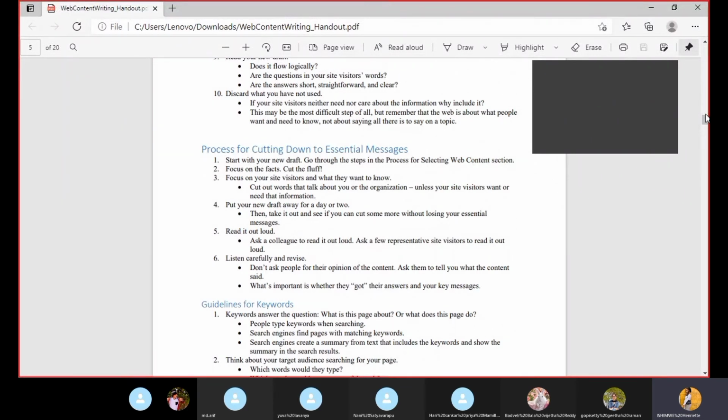And then the second step is about focusing on the facts. You don't have to give your visitors of the web page or the audience things which are not clear, or put in something which is not relevant or which is not true. You focus on the facts and then you cut the fluff.